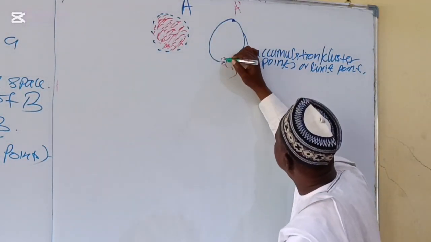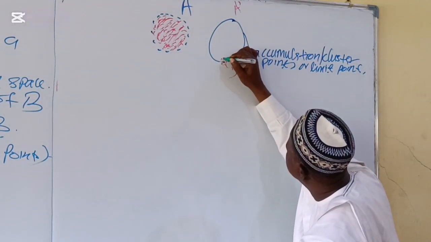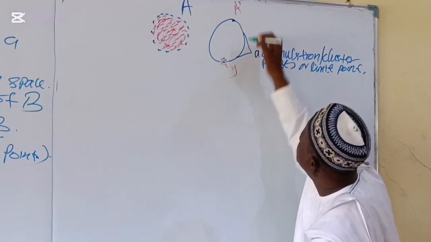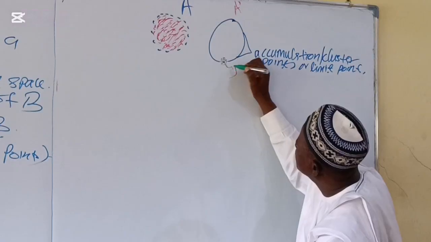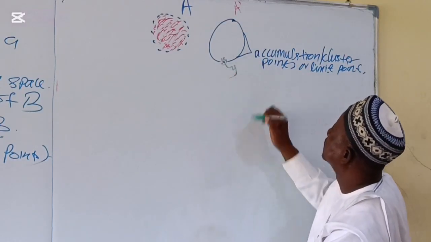There are points inside this region which belong to A dash apart from this Y. Is it clear?